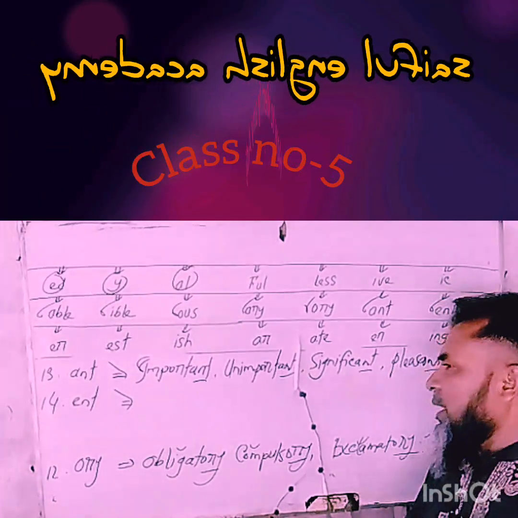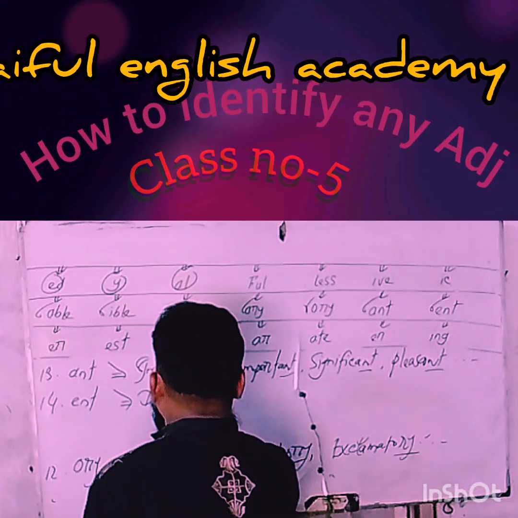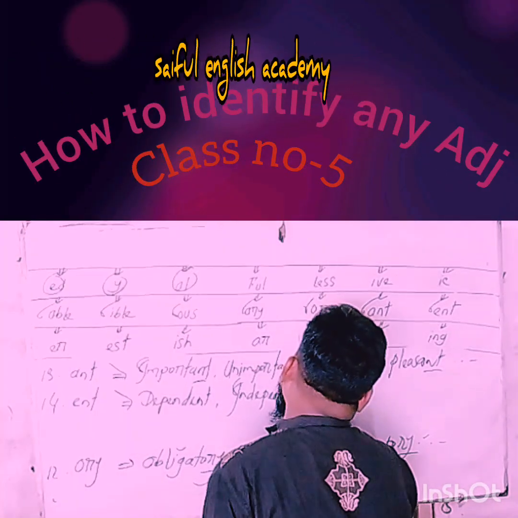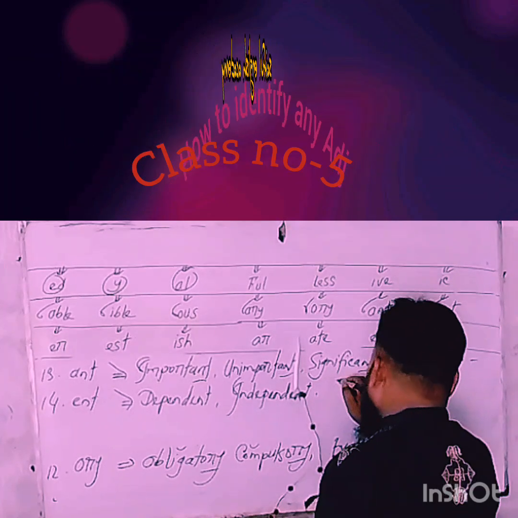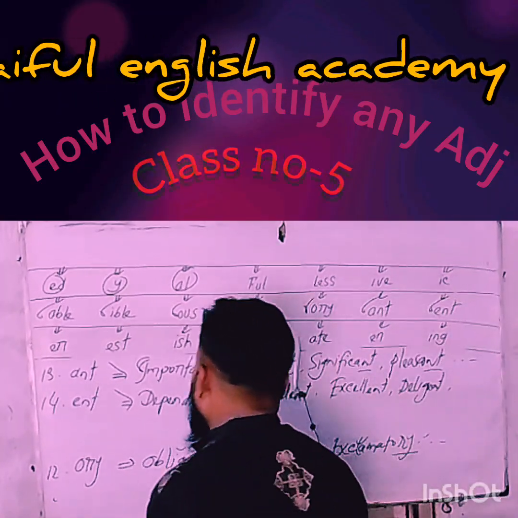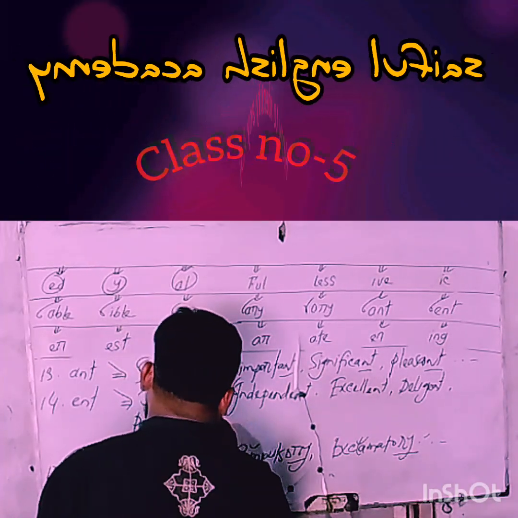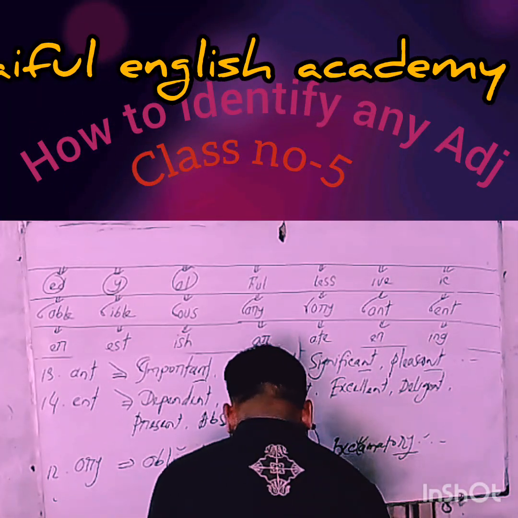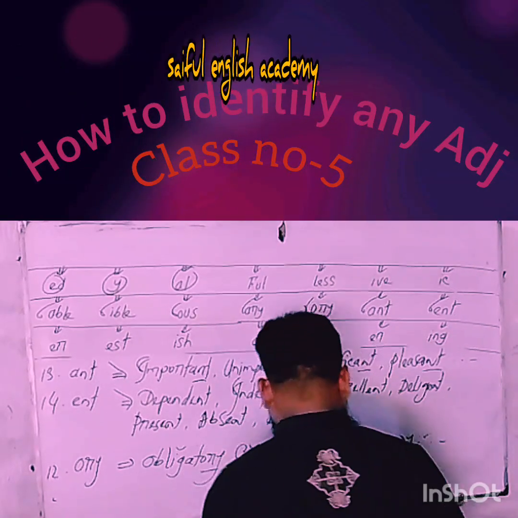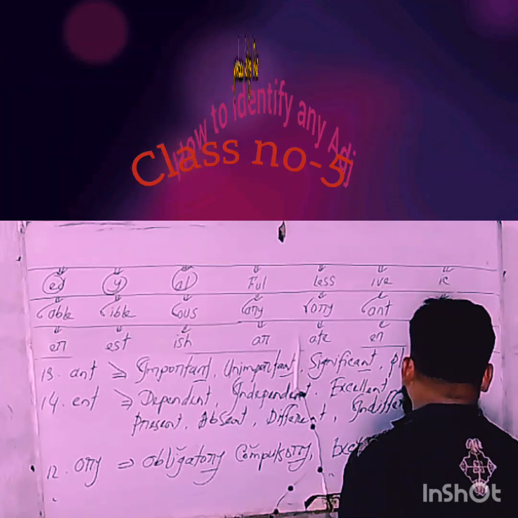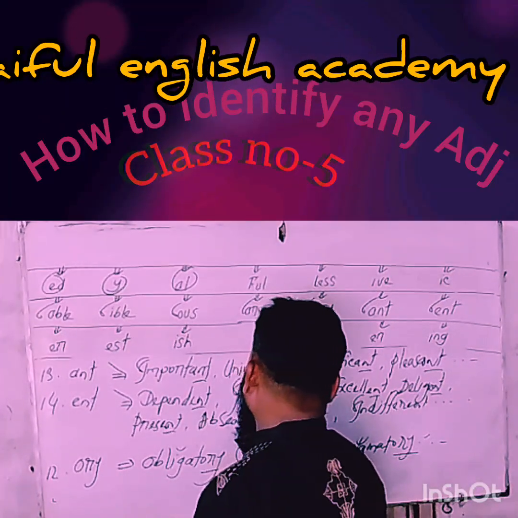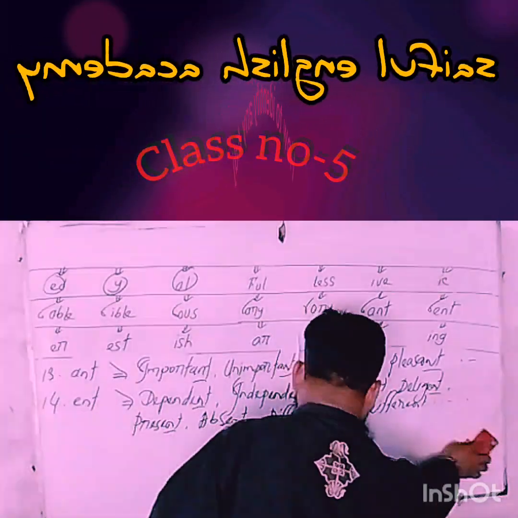For example, dependent, independent, excellent, diligent, present, absent, different, indifferent, etc. If you notice this suffix in a word, you may consider such words as adjectives. Hope you have understood clearly.